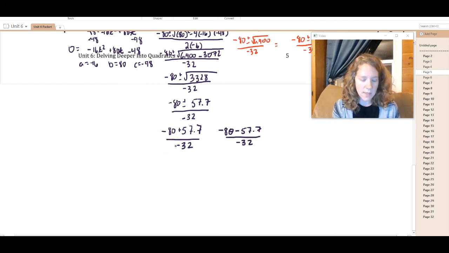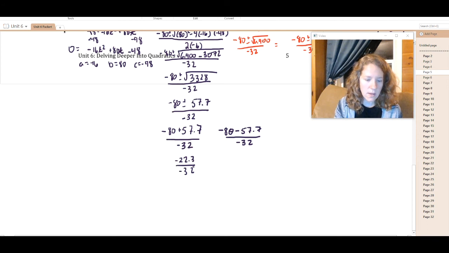All right, so let's do the plus one first. Negative 80 plus 57.7 is negative 22.3. Negative 22.3 divided by negative 32 is about 0.7.